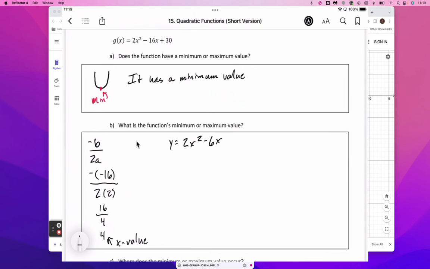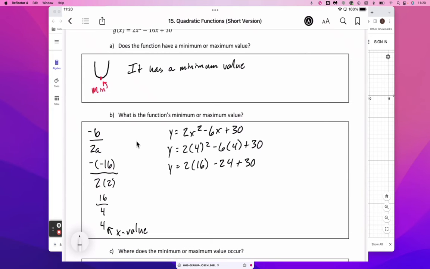And y is a little bit easier for me to work with. For us to figure out what the y value is at the minimum, we need to put that x value in there. And so we will have y is equal to 2 times 16 minus 24 plus 30.